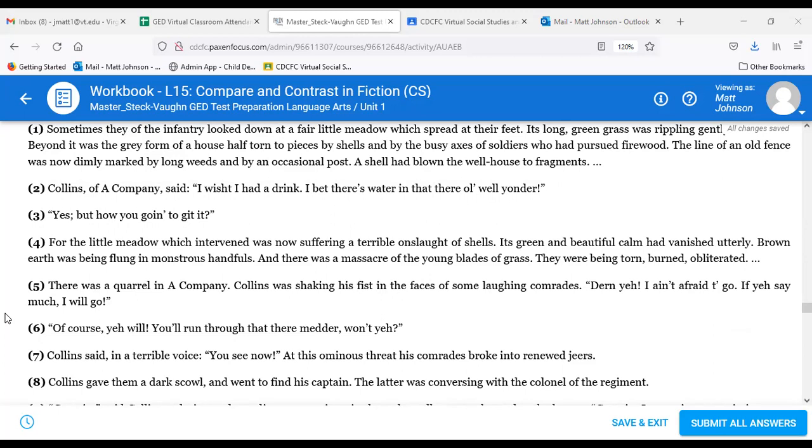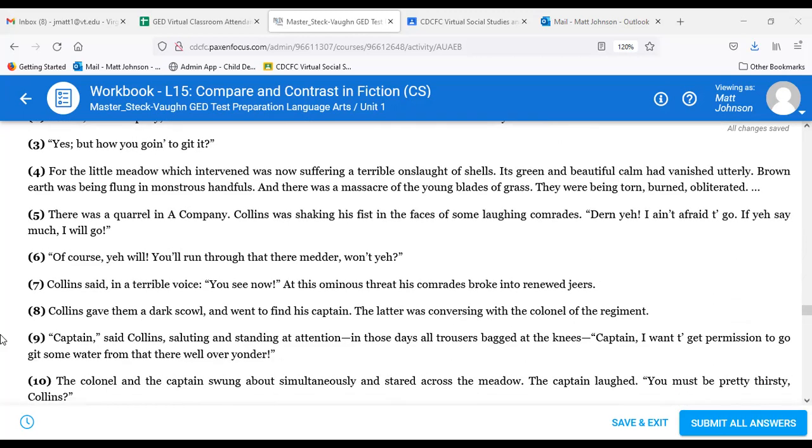There was a quarrel in A Company. Collins was shaking his fist in the faces of some laughing comrades. "I ain't afraid. If you say much, I will go." "You will run through that meadow once, won't you?" Collins said in a terrible voice. "You see now." At this ominous threat, his comrades broke into renewed jeers.